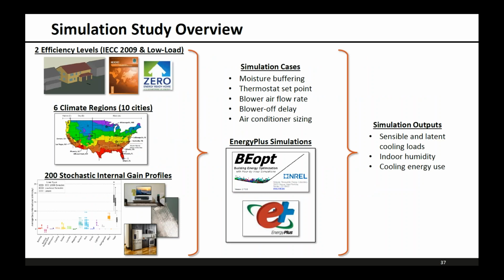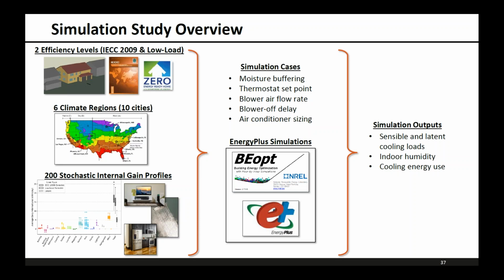Okay, just to recap how the study was set up, we had two different efficiency level homes, the ICC 2009 and the low load home. We looked at 10 different cities in 6 climate regions and used 200 different internal gain profiles with those cities.